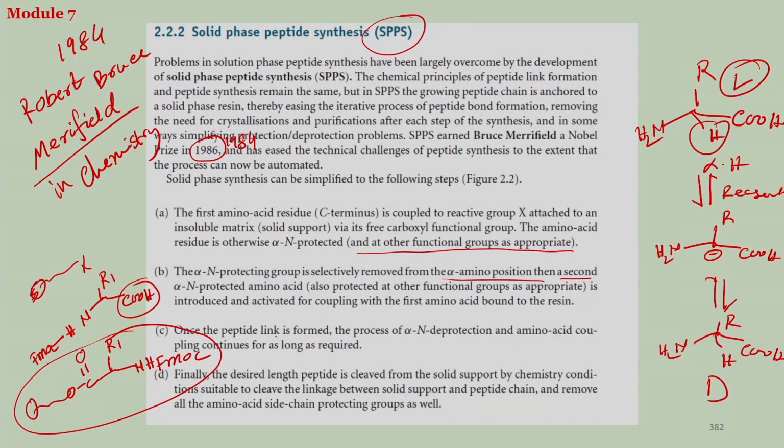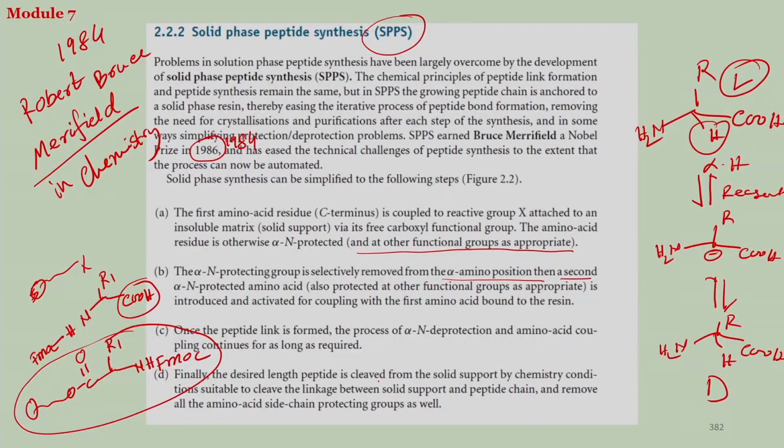Once the peptide link is formed, the process of alpha N deprotection and amino acid coupling continues for as long as required. So, you can recycle the steps, that is the completion of a cycle. One reaction is finished, then you add the second monomer, then the third monomer, and it can go on. Once everything is finished, finally the desired length peptide is cleaved from the solid support by chemistry conditions suitable to cleave the linkage between solid support and peptide chain.